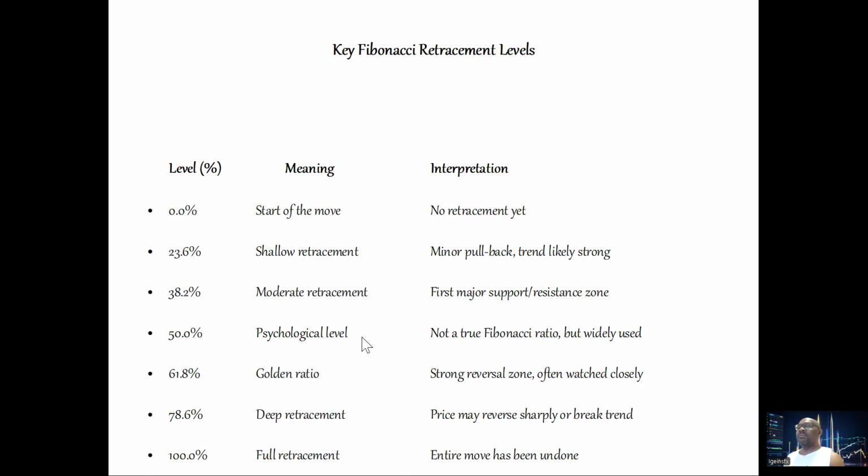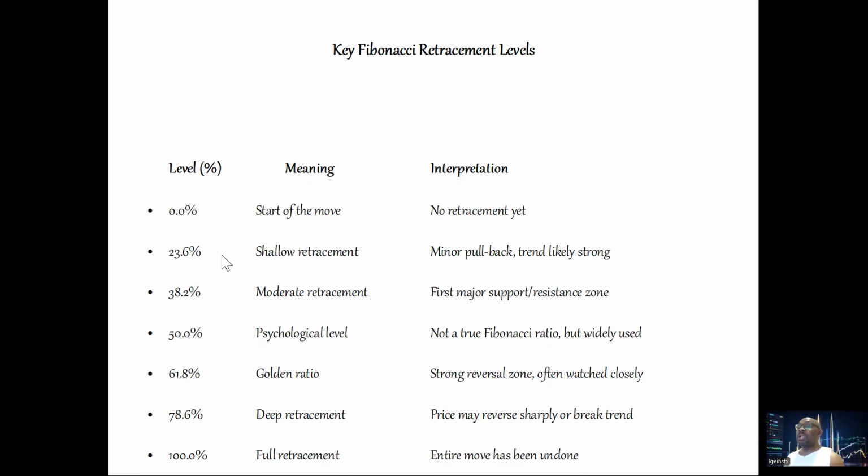There is a line that divides the premium level and the discount level, 50%. So there are so many buyers, so many traders watching out for this level.